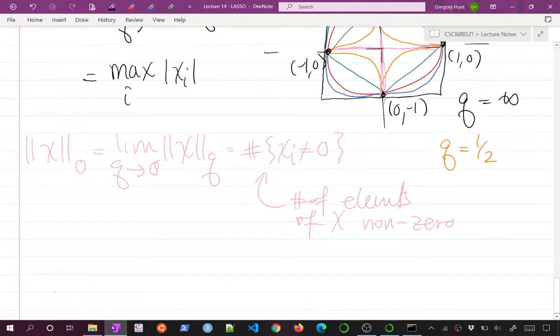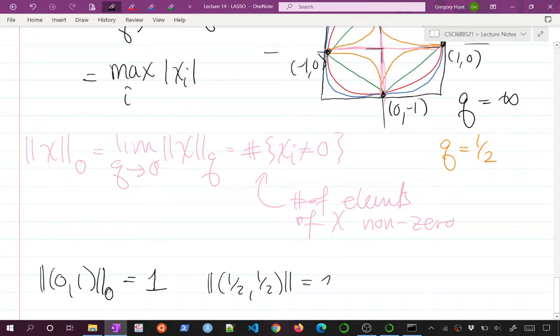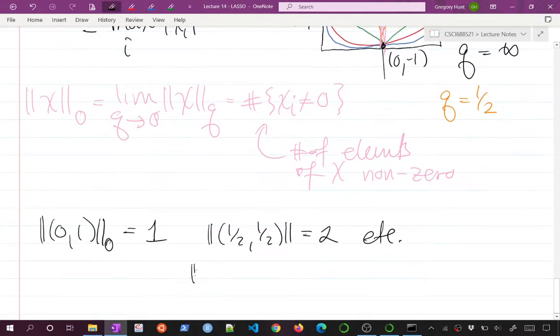For example, if I look at the 0 norm of 0, 1, that's going to be 1. There's 1 non-zero element. If I look at the 0 norm of 1/2, 1/2, there are 2 non-zero elements, that will give me 2, etc. If I look at the norm of 0, 0, that will give me 0.